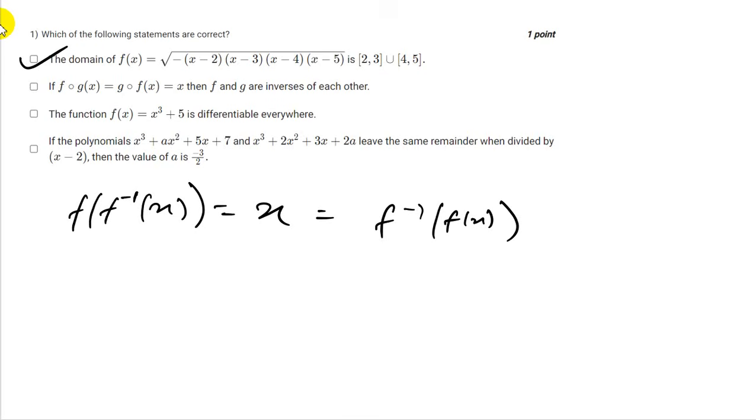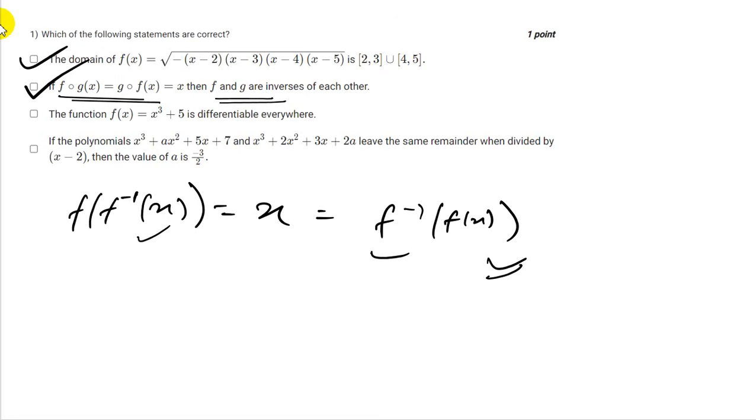Okay, so by relating from this definition, we can say that if f of g(x) and g of f(x) is equal to x, then f and g are inverses of each other, which, if we do an analogy with this definition of the inverse of a function, becomes correct.